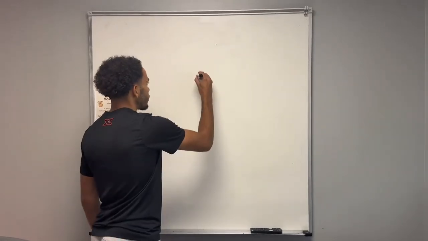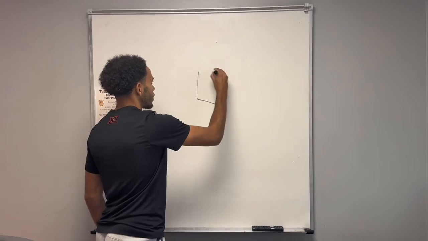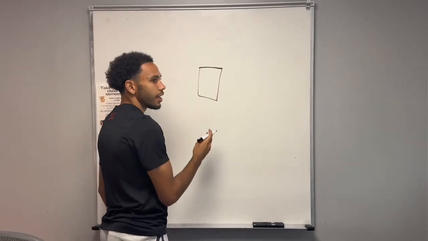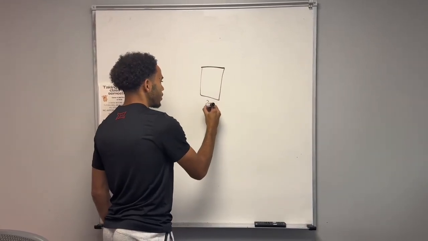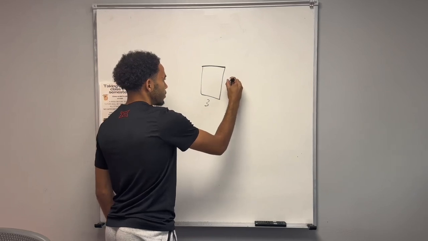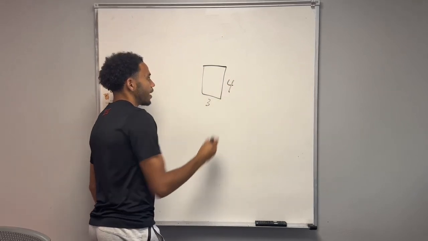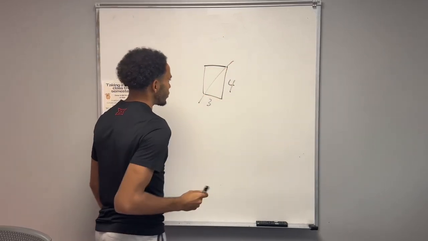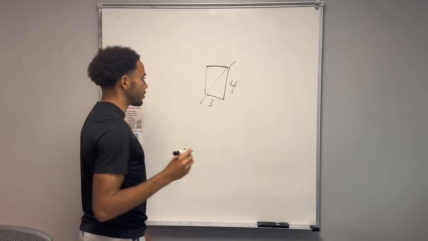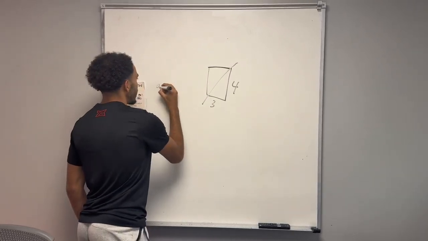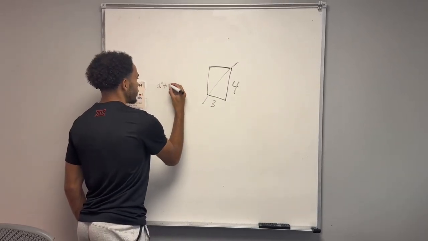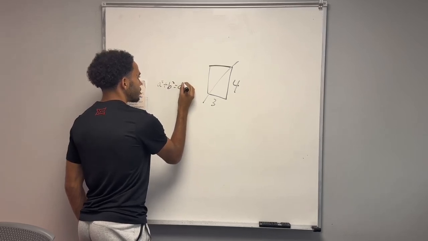So we start with our rectangle, and side A would be 3 meters, and side B would be 4 meters. We put the diagonal line through it, and we use the Pythagorean theorem, which is a squared plus b squared equals c squared.